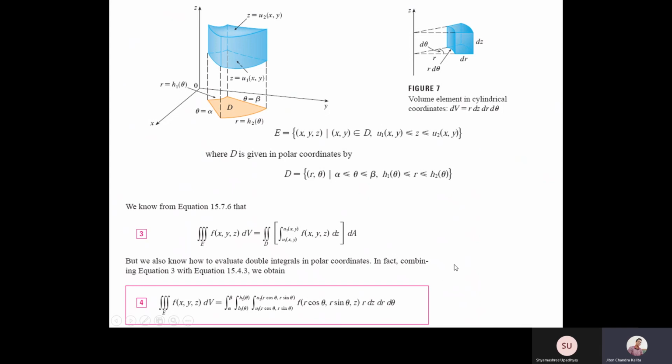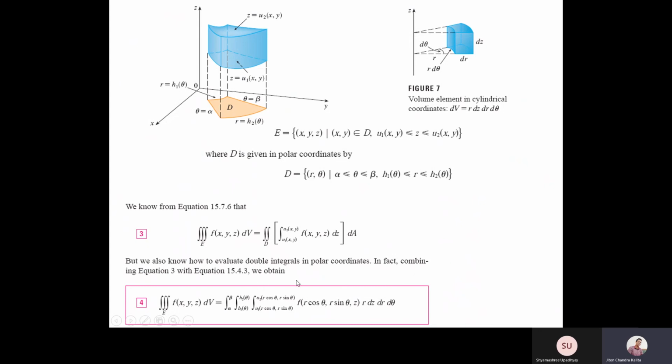Firstly, you have to integrate with respect to z, and then in the xy plane you are going to convert it into your polar coordinate system. That's it. It's as easy as that. So x and y have been converted into r and theta, and then we are going to perform the integration like this.